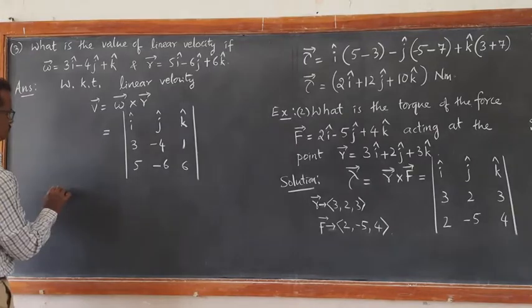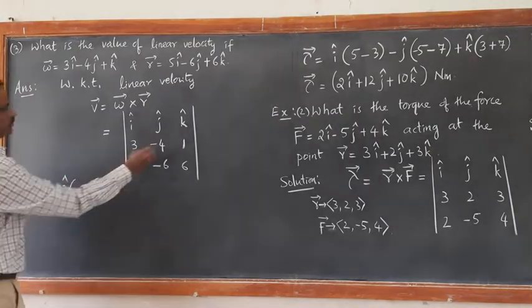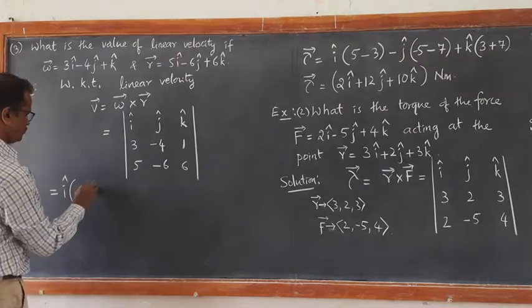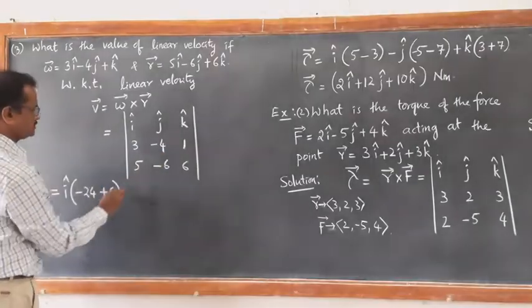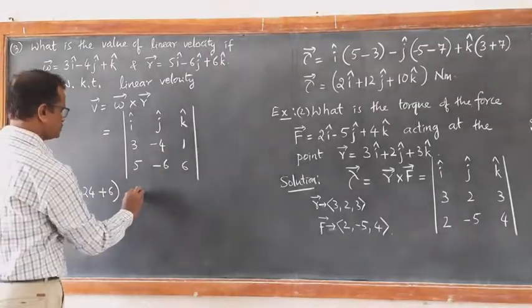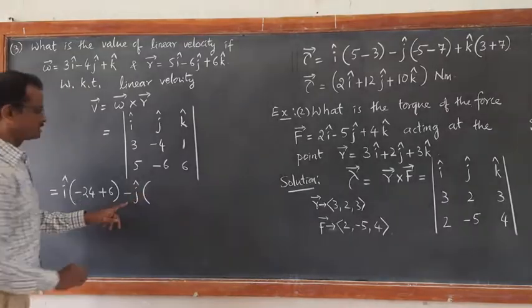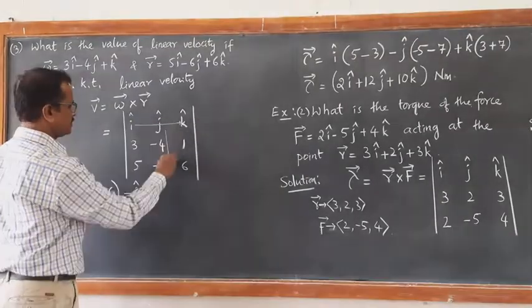So this becomes i vector into 4 6 are minus 24, minus of minus plus 6, 6 ones are 6. Then minus j into, only middle term is j, leave this row and second column.